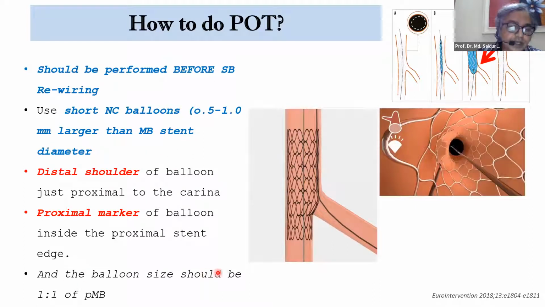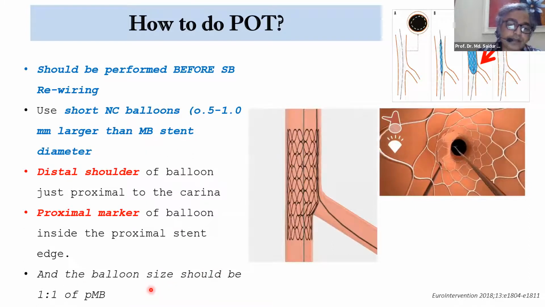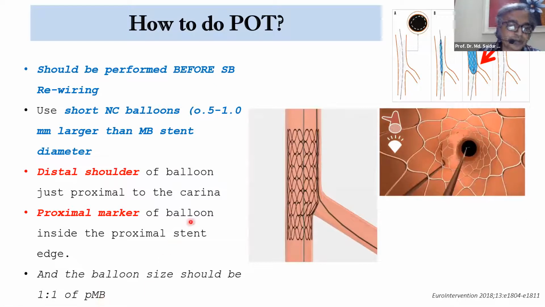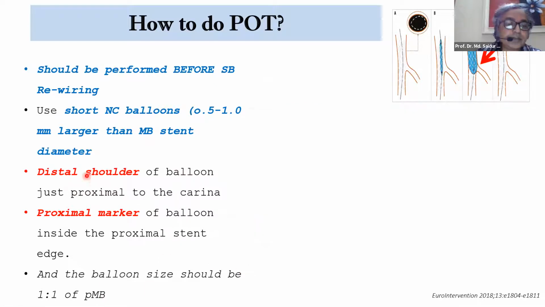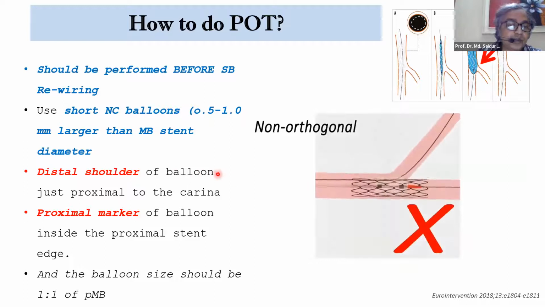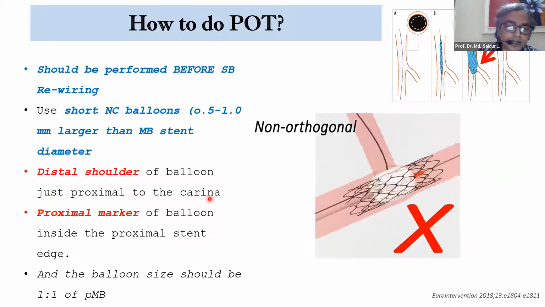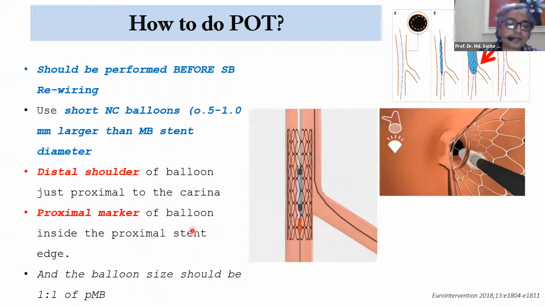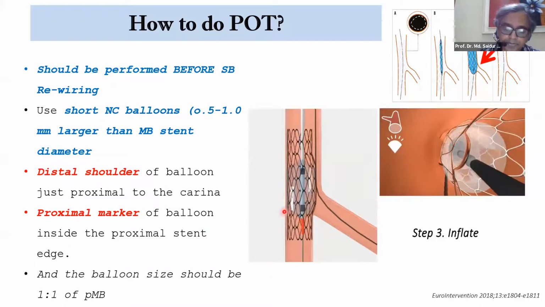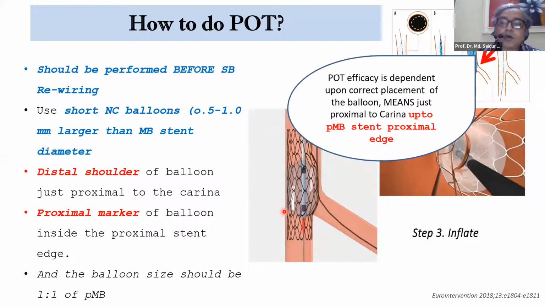And the balloon size according to the diameter of the proximal MB should be 1:1. And here the balloon should be kept with the distal shoulder of the balloon just proximal to the carina, and the proximal marker of the balloon inside the proximal stent edge, which has been showcased here. And here POT efficacy is dependent upon correct placement of the balloon, meaning just proximal to the carina.